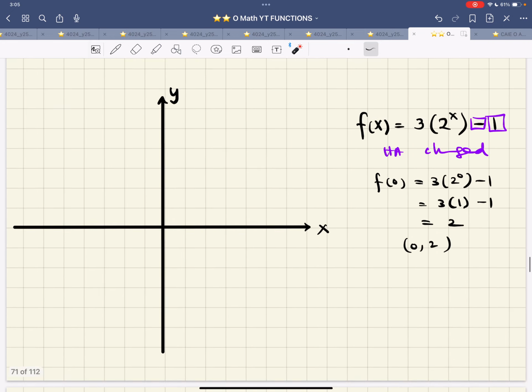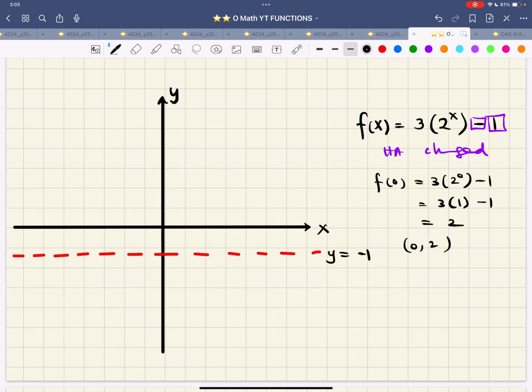Over here, this is -1. So the asymptote has gone down by -1. So let me just draw this thing. Something like this. So this is y is equals to -1. And let me again draw this thing, something like this. So it's cutting at 2. So like this.